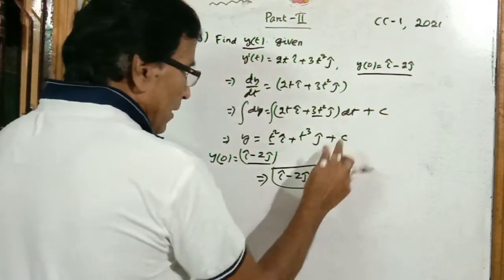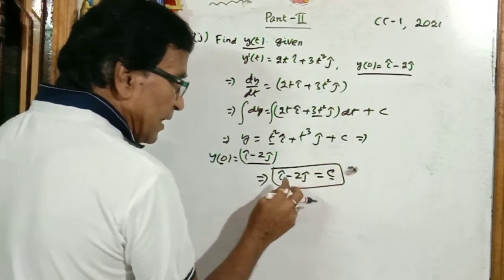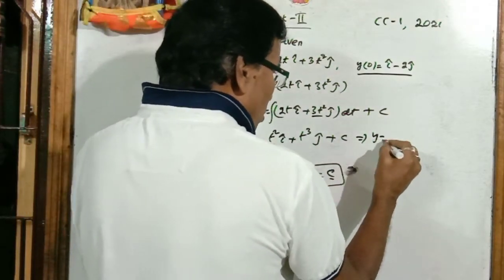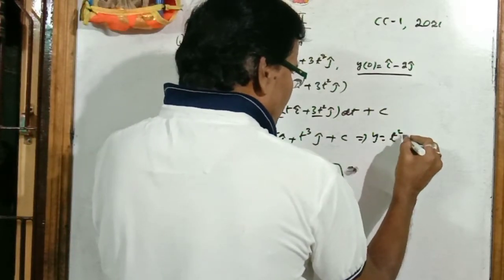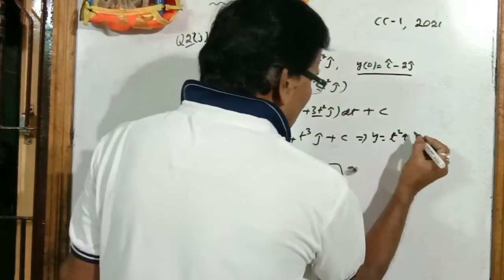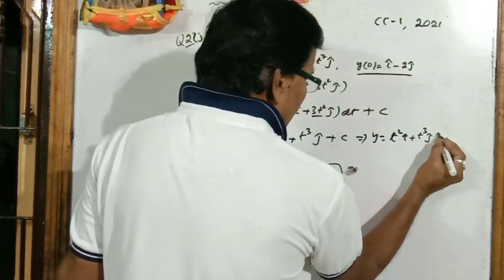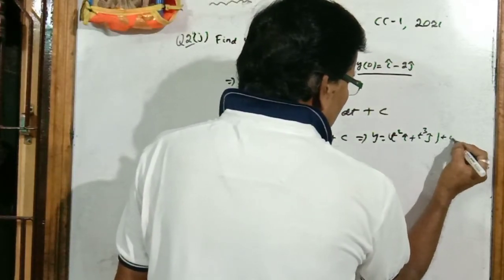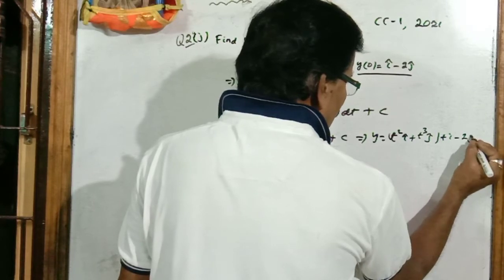That means if you substitute the value of c equal to i cap minus 2 j cap, y is equal to t square i cap plus t cube j cap plus i cap minus 2 j cap.